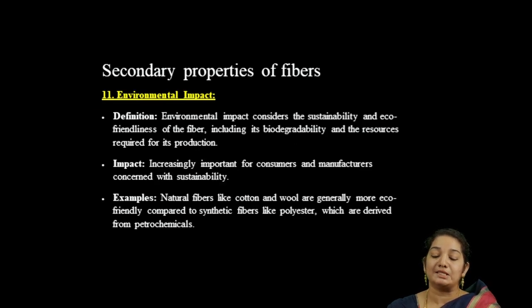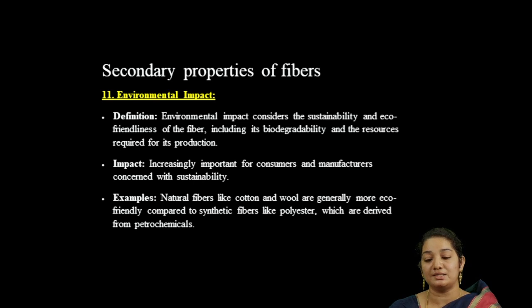And environmental impact also should be considered. It starts from manufacturing and constructing the garment through to marketing. So environmentally sustainable materials should be used in treating and finishing garments. This is important from the consumer and manufacturer aspects.